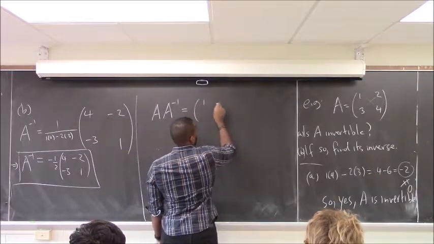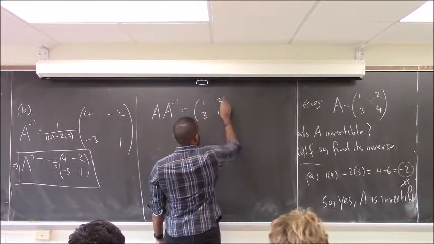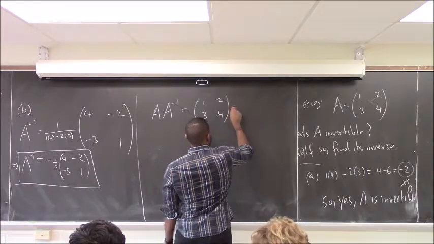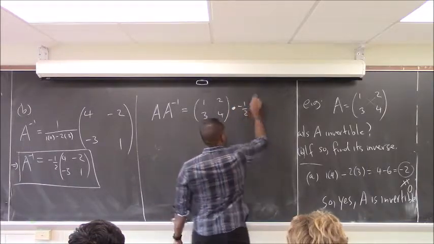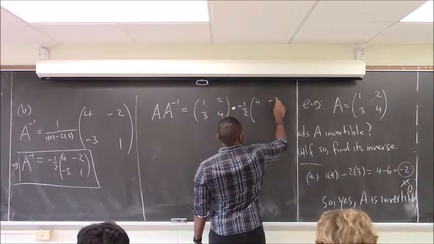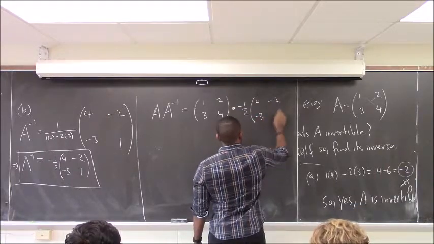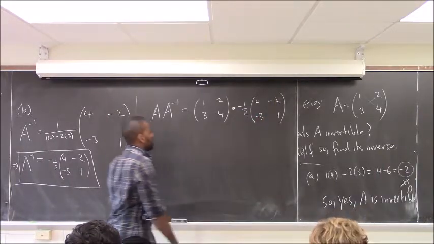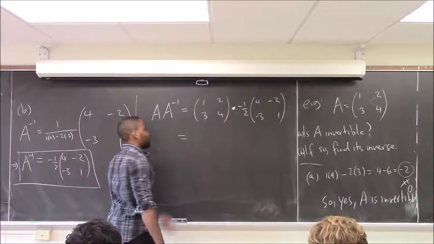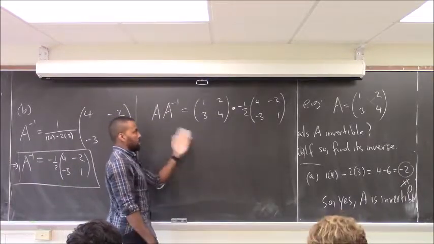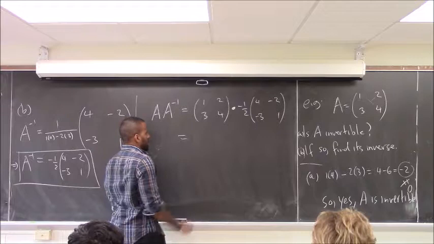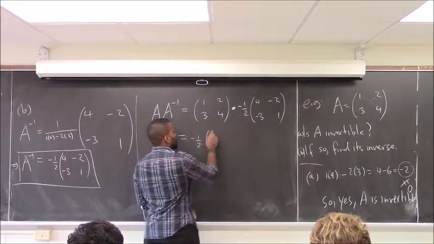This is 1, 2, 3, 4, and I'm going to multiply that by minus 1/2, 4, minus 2, minus 3, 1. Now, one thing that the homework taught us is that with numbers, we can change the order. I can take this minus 1/2 and put it in front.